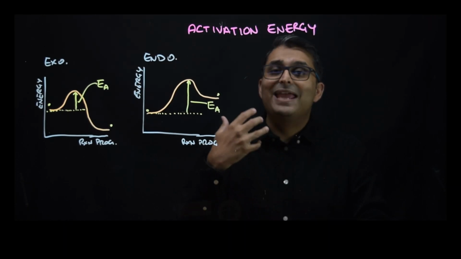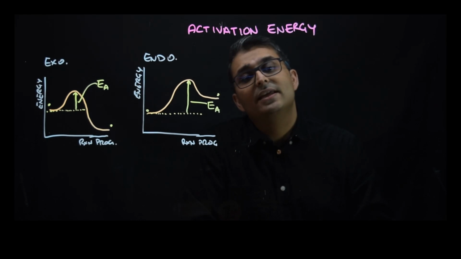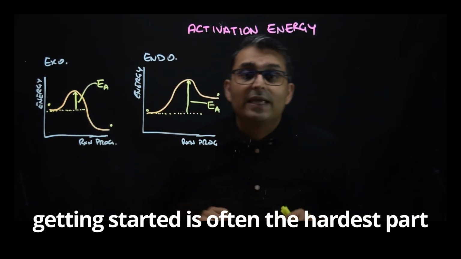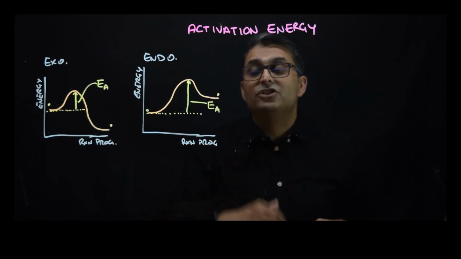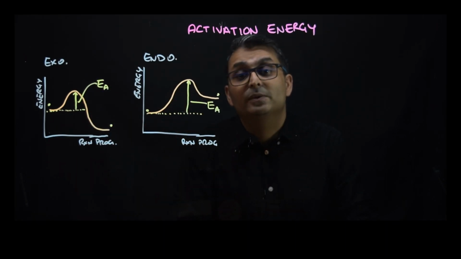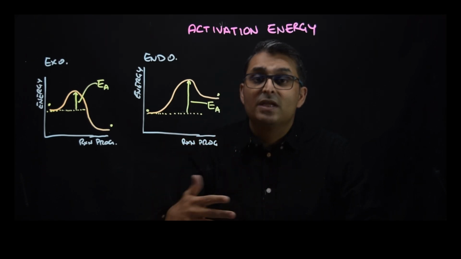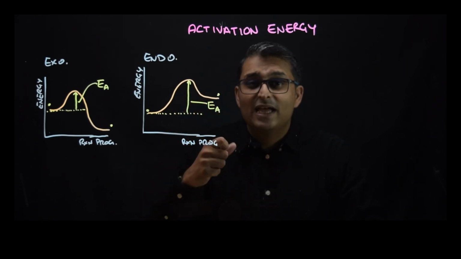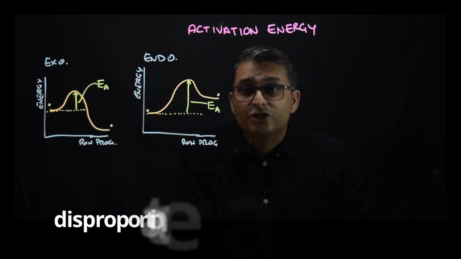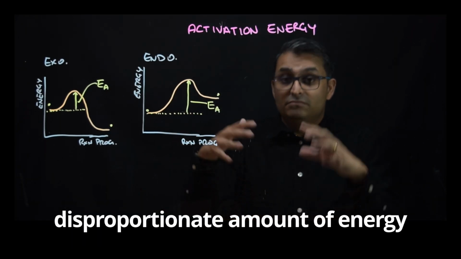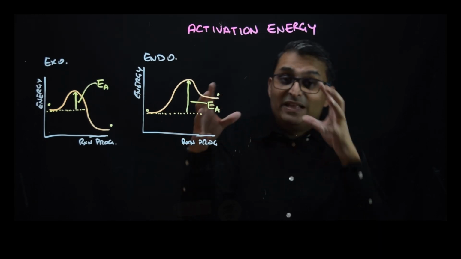And bringing this idea of mental models to the forefront of our minds, what activation energy teaches us is that getting started, so sort of here, is often the hardest part of any journey. We're going uphill. And once started, things become easier. So starting requires a disproportionate amount of energy and effort compared with keeping that same thing going.